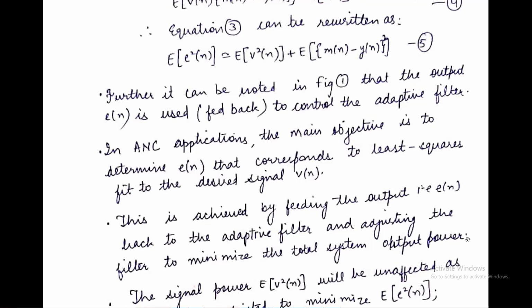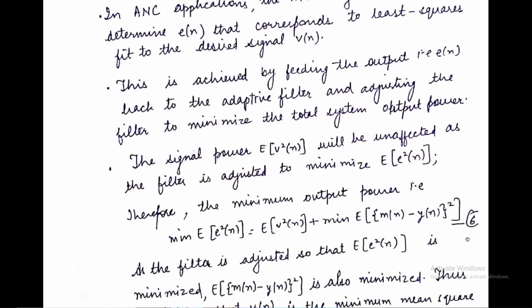Now, what is signal power and how will it be affected? The signal power is nothing but expectation of V square n, because V is your actual signal.